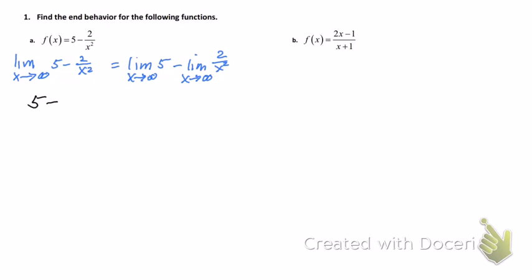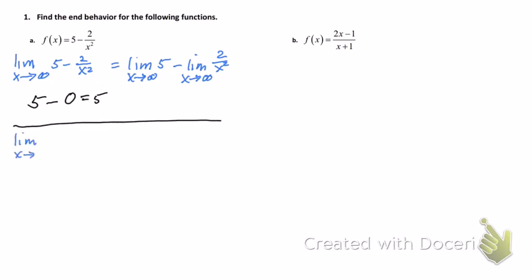The second part of that, though, look what we've got going on. We've got some number, in this case 2, divided by x squared. Well, what's going to happen is x gets bigger and bigger and bigger in the positive direction, that fraction is going to hit a limit of 0. So the limit for this whole function as x is going in the positive direction is just 5.